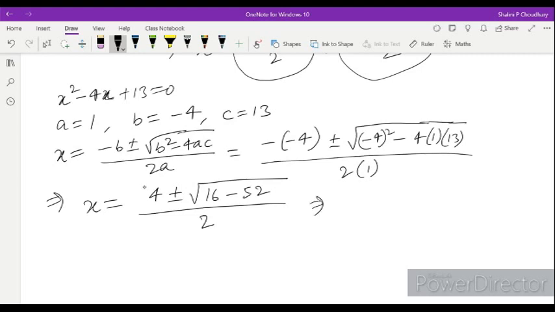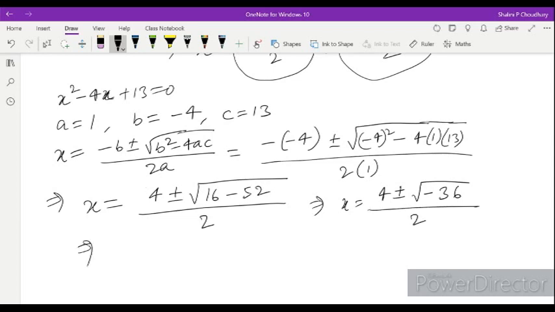Now we'll find out the value. x will be equal to 4 plus minus square root of 16 minus 52, 16 minus 52 will be equal to minus 36, divided by 2.